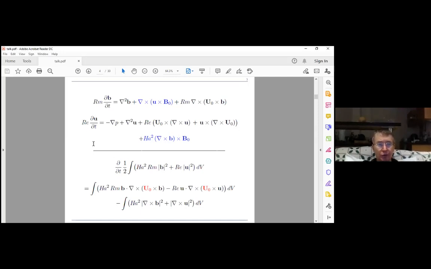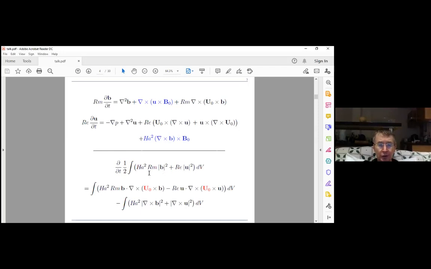So in other words, to derive this energy equation from those original instability equations, you take the Navier-Stokes equation and you dot it with u to give you that term, and you take that equation and you dot it with b to give you that term there. And you also multiply that one by this parameter Hartmann squared. This is the so-called Hartmann number, and we'll see later on exactly how that is defined.